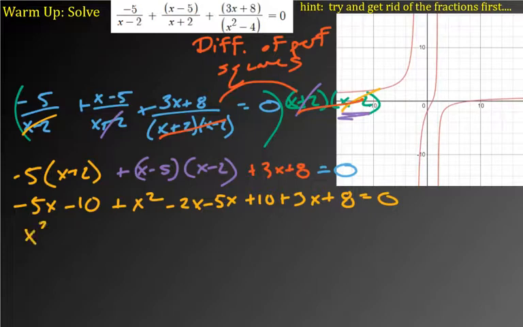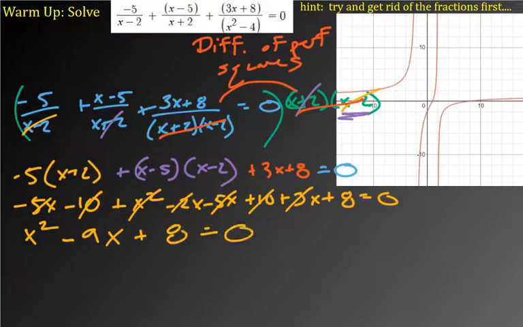I'm going to stick my x squared at the front. I like to cross these off as I go so I don't lose track of like terms and all that. So this is minus 10, minus 12, plus 3 is minus 9. And this is nice. Those cancel, and then you just have an 8 left over.